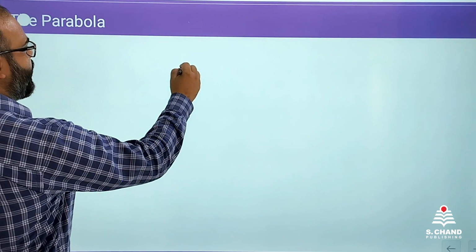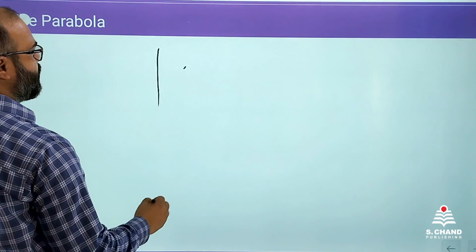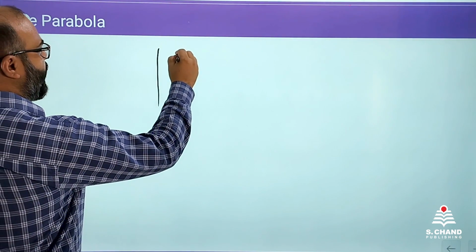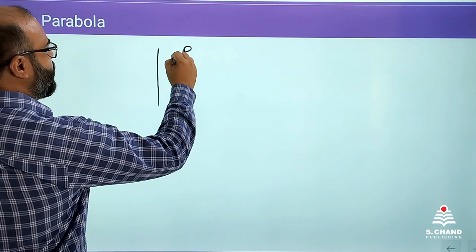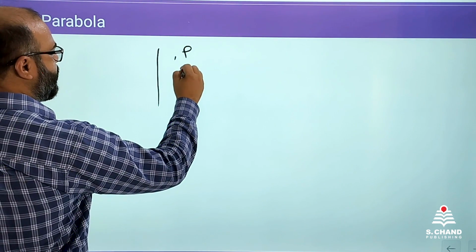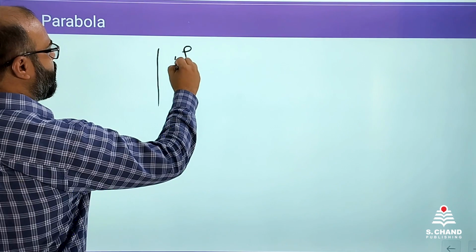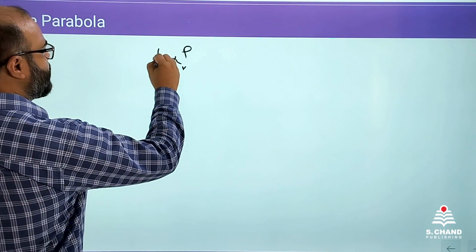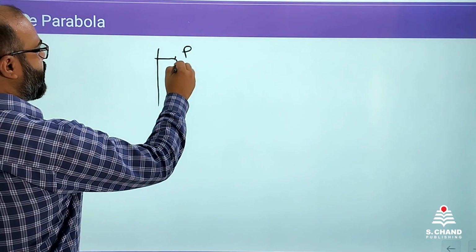If we take a point and we take a line, and if we take another point in the plane such that the distance of this point from this point and the distance from this line is equal.